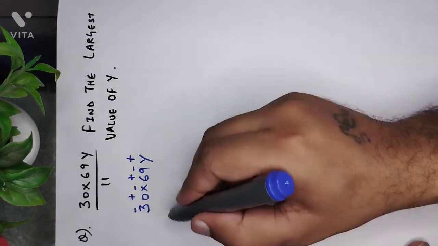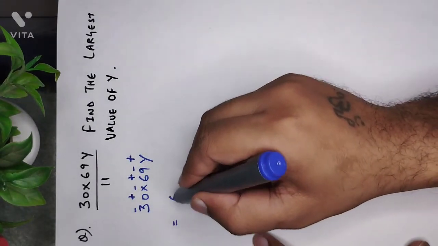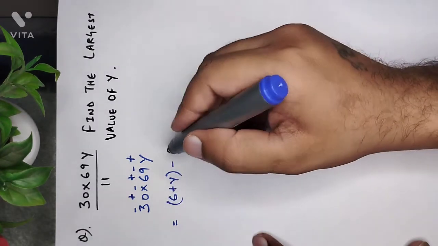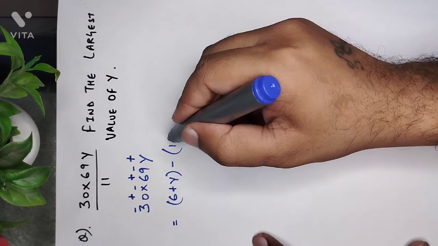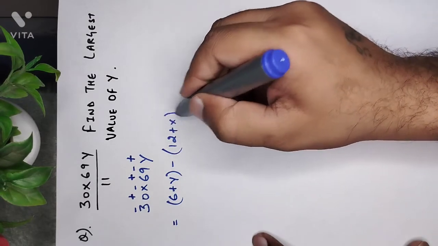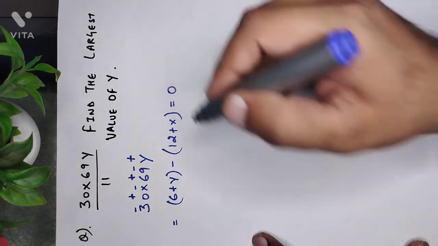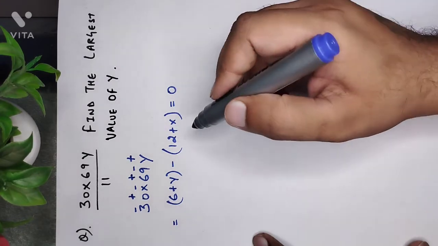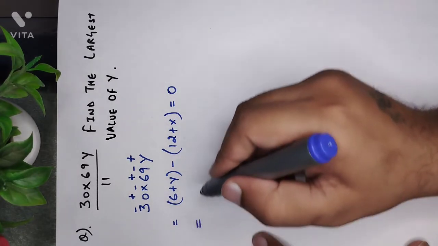So what we can say is, we can write this one as 6 plus y minus 12 plus x. So either this should be equal to 0, or this should be equal to 11, or this should be equal to 22.